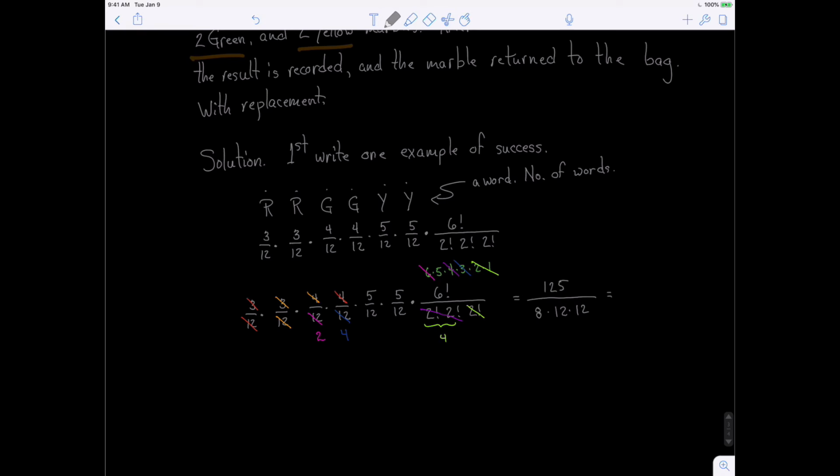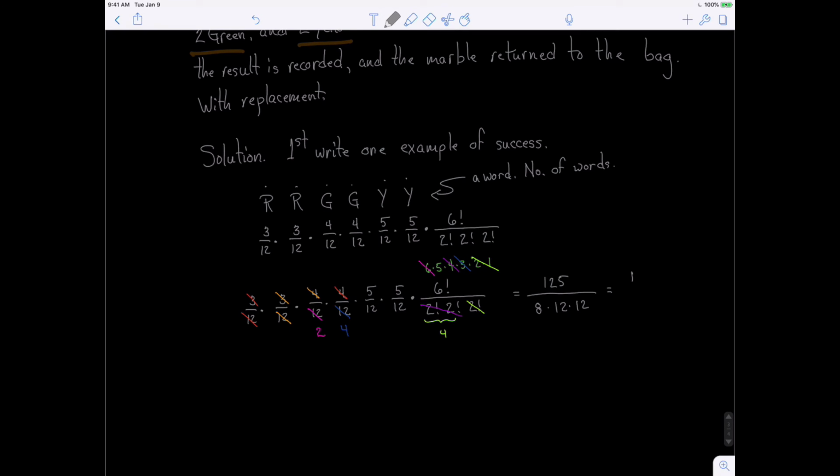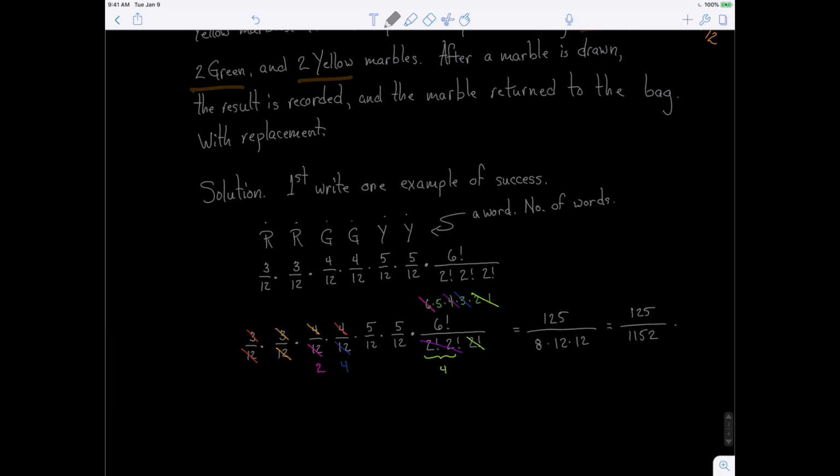So 8 times 12 times 12 gives me 125 over 1,152. And that is the probability of pulling 2 red, 2 green, and 2 yellow marbles from the bag with replacement.